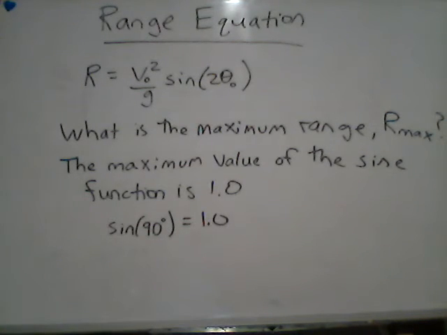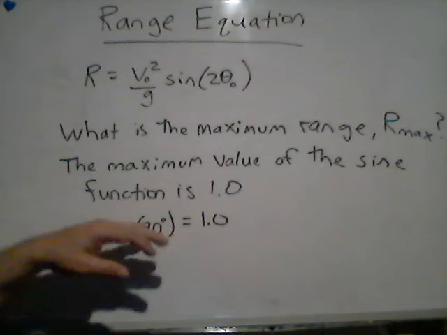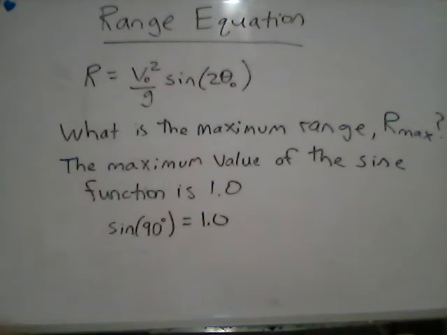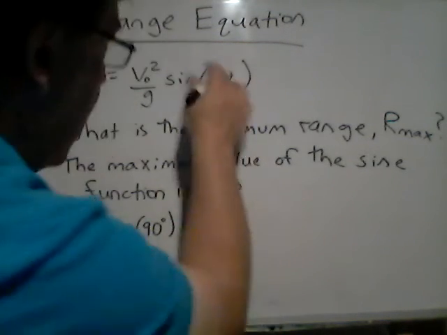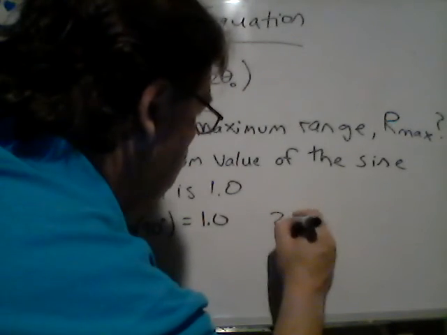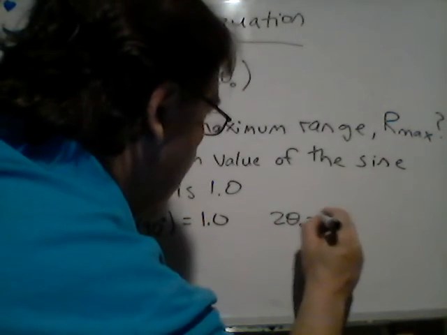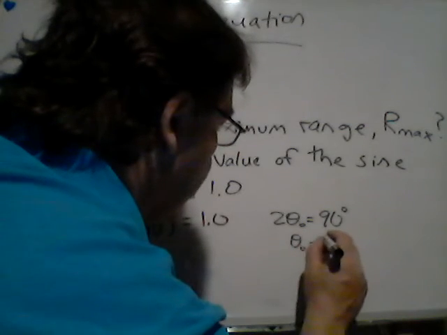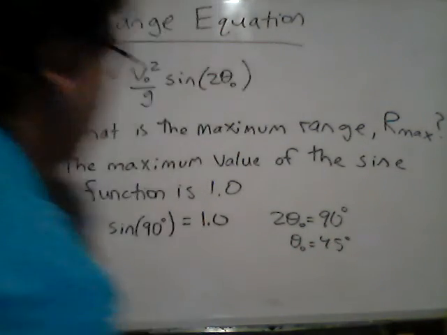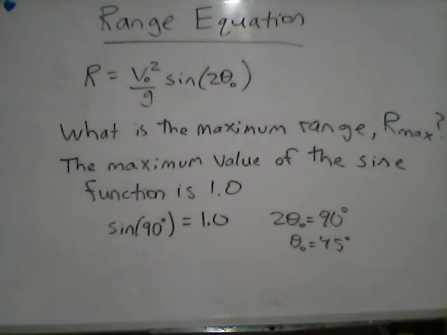And so if you can have your argument be 90 degrees, then you will achieve R max. So how do you do that? Well, I have this double angle. So 2 times theta naught is 90 degrees, or theta naught is 45 degrees. So R max occurs when your launch angle is 45 degrees.